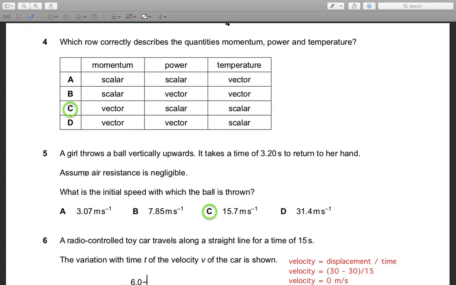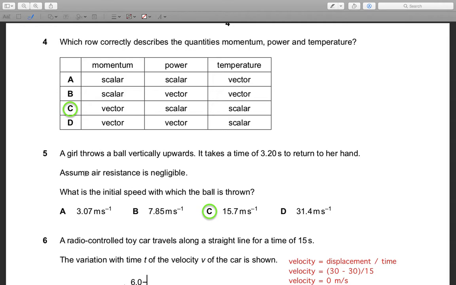Number four, which row correctly describes the quantities momentum, power, and temperature? Is it scalar or vector? Momentum has direction, so momentum is a vector.